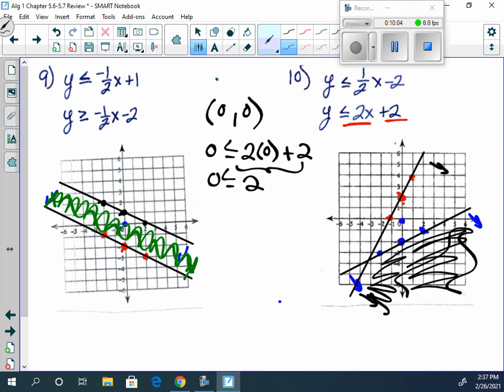Because what we would have needed is that this line to shade this direction. Then it would have worked. So for that to be true, instead of it being less than or equal to, it would have been greater than or equal to. Then we would have had that little triangle at the bottom. Questions on this here? We getting the hang of this?